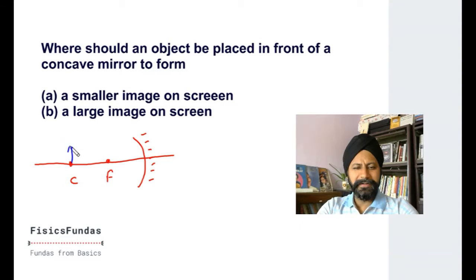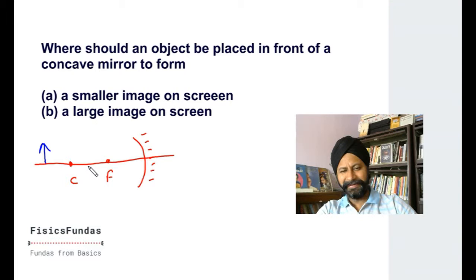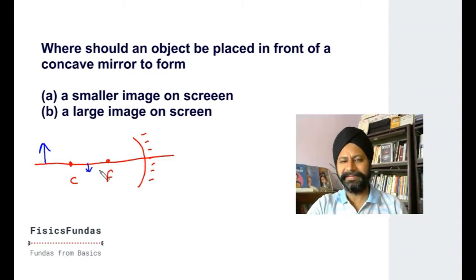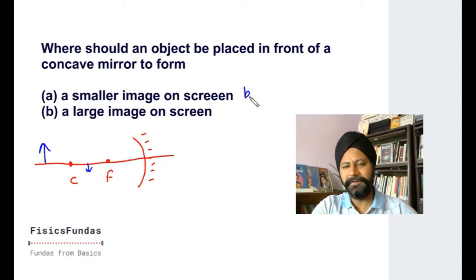If I put it here, it's the same size, nahi chalega, hai na? So to form a smaller image on the screen, you got to put your object beyond C, and then you will have an image here. Obviously this is a real image, so you can put your palm here, some screen here, something here, and you get it. So the answer for this will be beyond C.